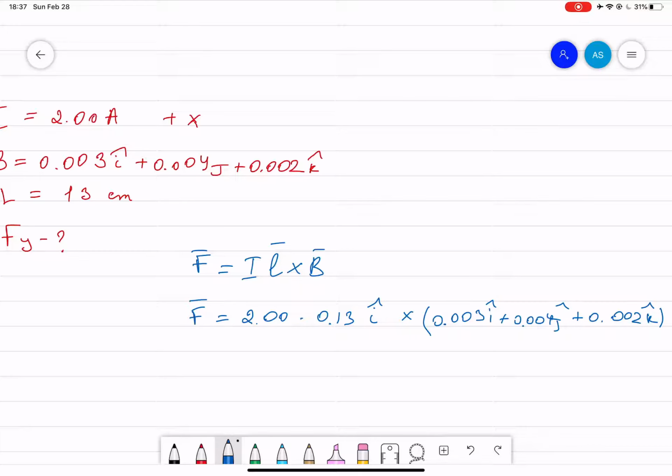now before doing the cross multiplication, we know that i cross i gives you 0, or j cross j gives you 0 and so on. However, here you have i, you have j, here you have k.